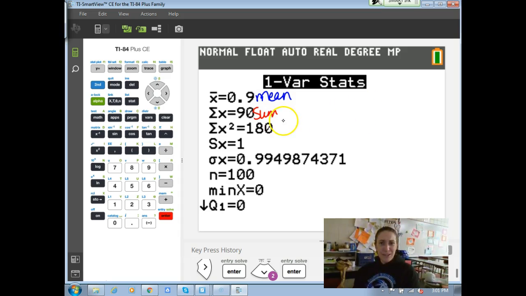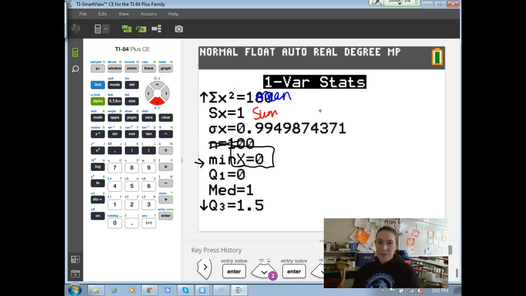You know, it didn't have any issue with that. Alright, this right here, this is the sum of x squared, which is something that you would need if you're using one of those amazing formulas that we're not going to use. So the sample standard deviation is 1. We're actually not going to be using that one in our pre-calc class. We're going to be always looking for the population standard deviation, which in our case is, we'll just say 0.99 if you don't mind.